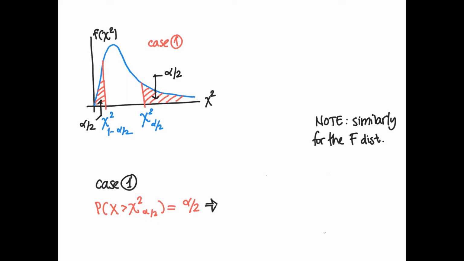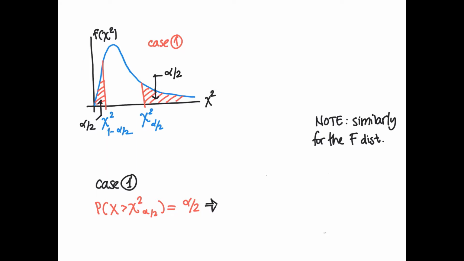For case number 1, we're looking for actually two parameters. One that we're going to call chi-squared of alpha over 2, and one that we're going to call chi-squared of 1 minus alpha over 2. Remember that the subindex is related to the area to the right of that particular value.